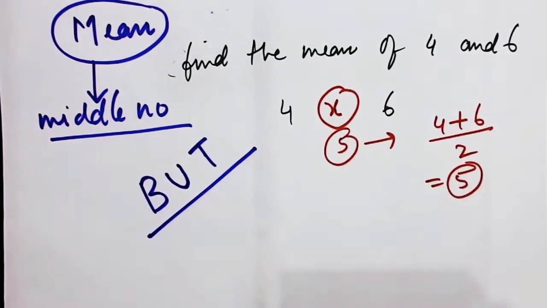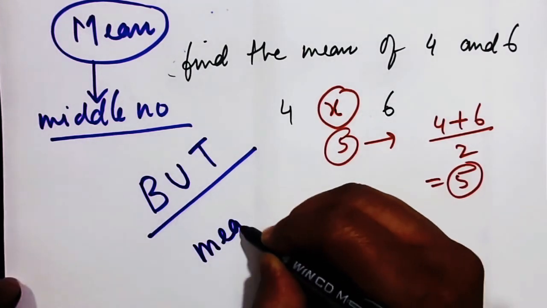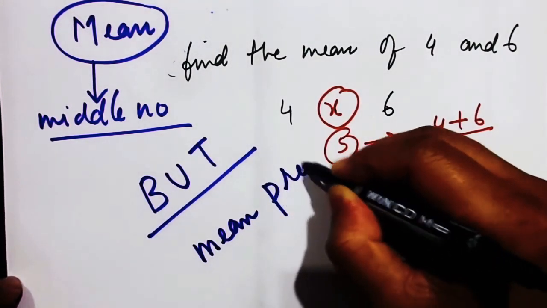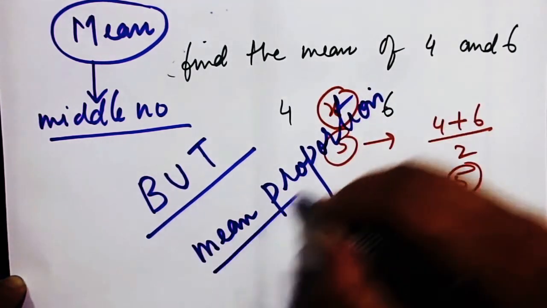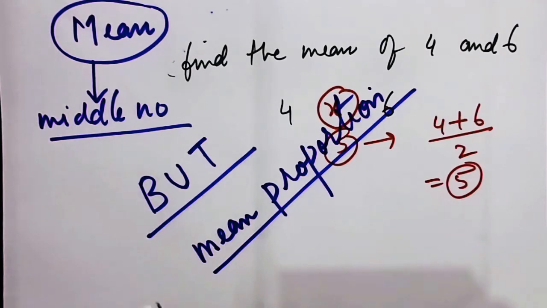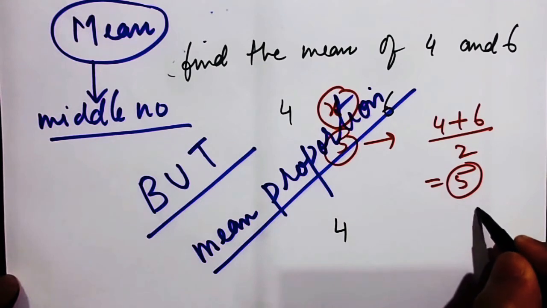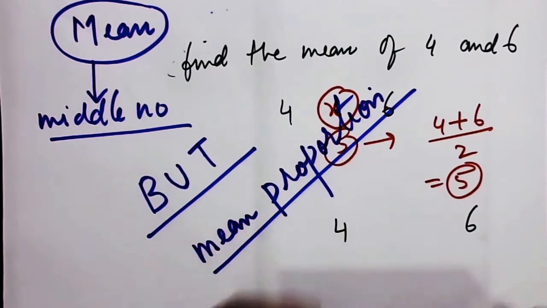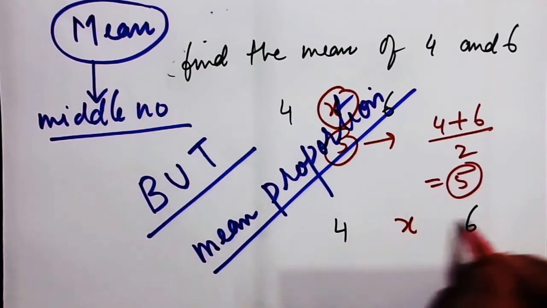But you are not asked the mean of 4 and 6. You are asked the mean proportion. So when you are asked mean proportion, this x will exist between this 4 and 6, but they will be in proportion.